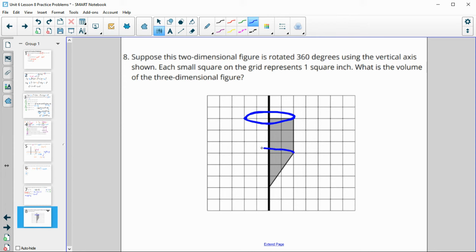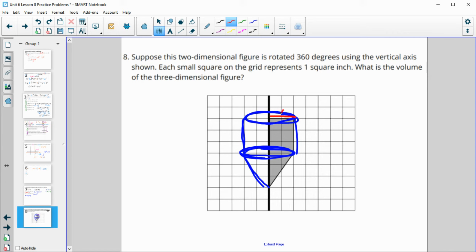And we've got this circular motion here, connected. And then this bottom part will connect here. So we've got basically a cone on the bottom. So this bottom piece makes a cone as it spins around, right? We get this cone. And then this top part gives us a cylinder.